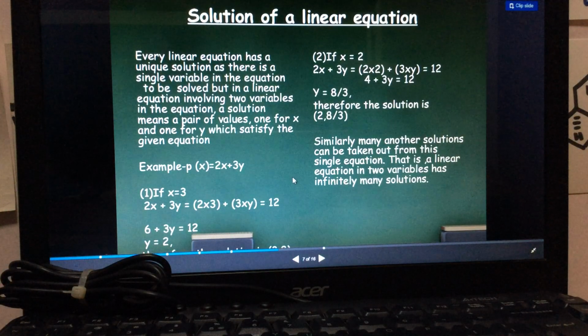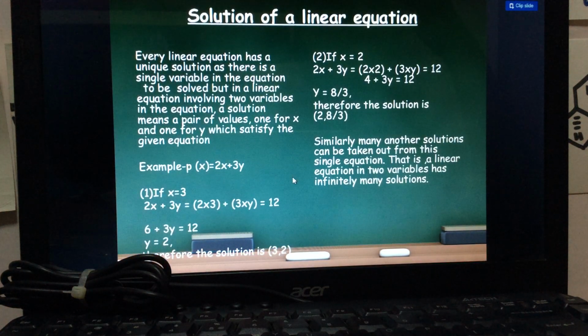So examples: 2x plus 3y equals 12. So if x is equal to 3, 2 times 3 plus 3y equals 12.